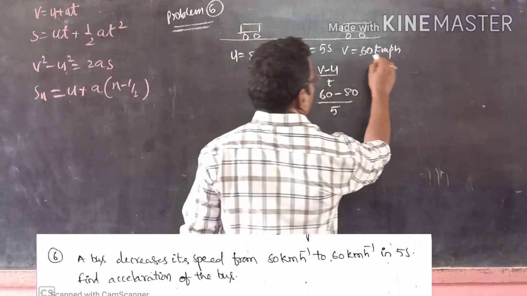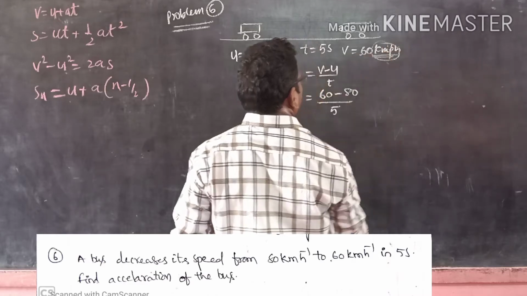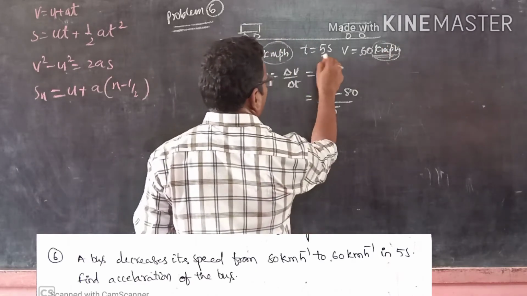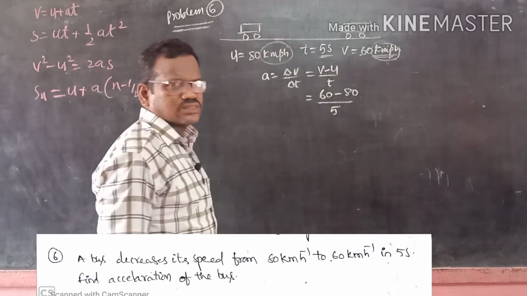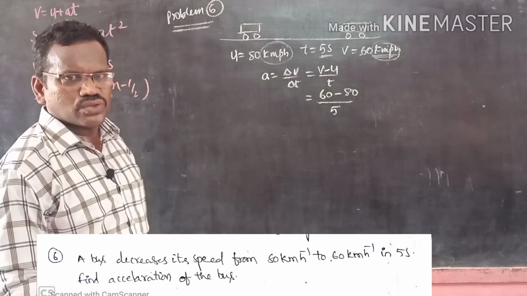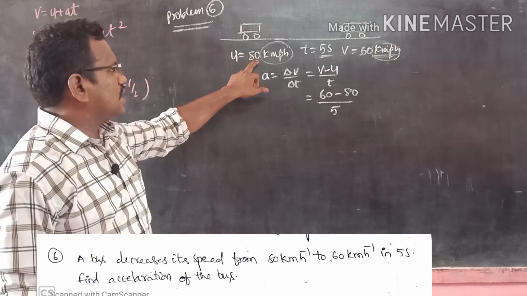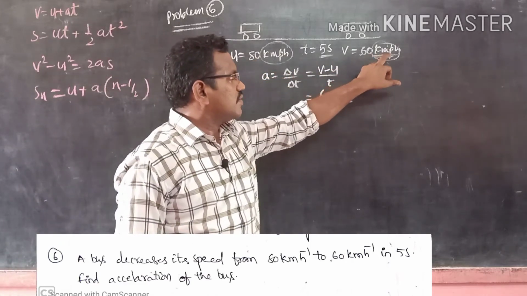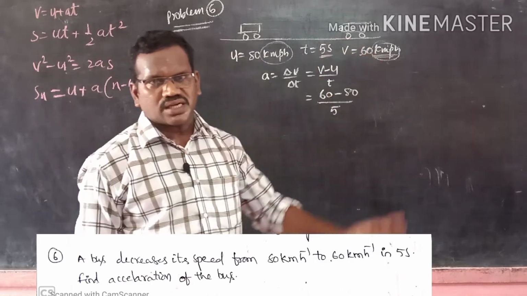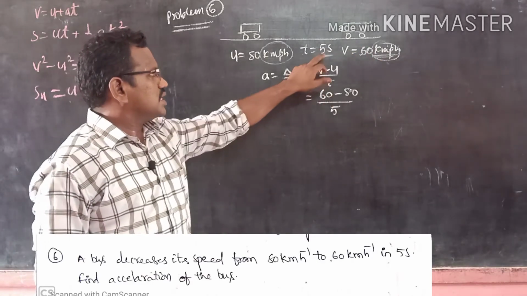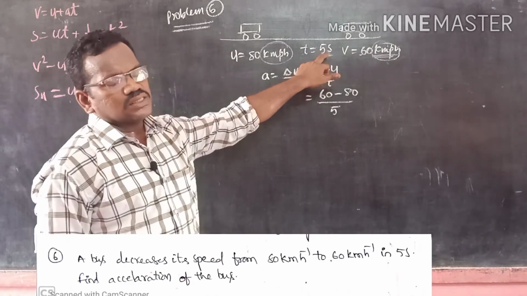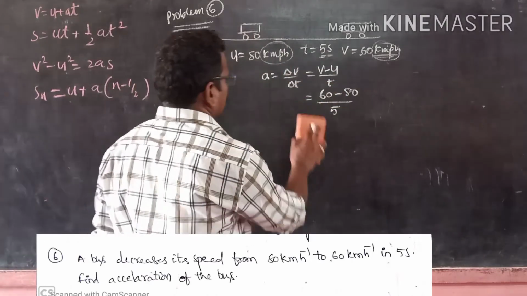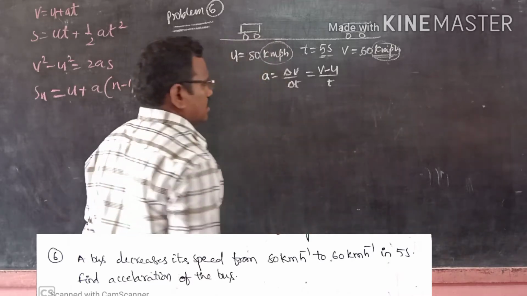Because here velocity is given in kilometer per hour, here also velocity is given in kilometer per hour, but the time is given in seconds. So what should we do? First of all, we should convert the change in velocity from kilometer per hour to meter per second. Why? Because here the time is given in seconds. So before going to solve the problem, the formula is that only.